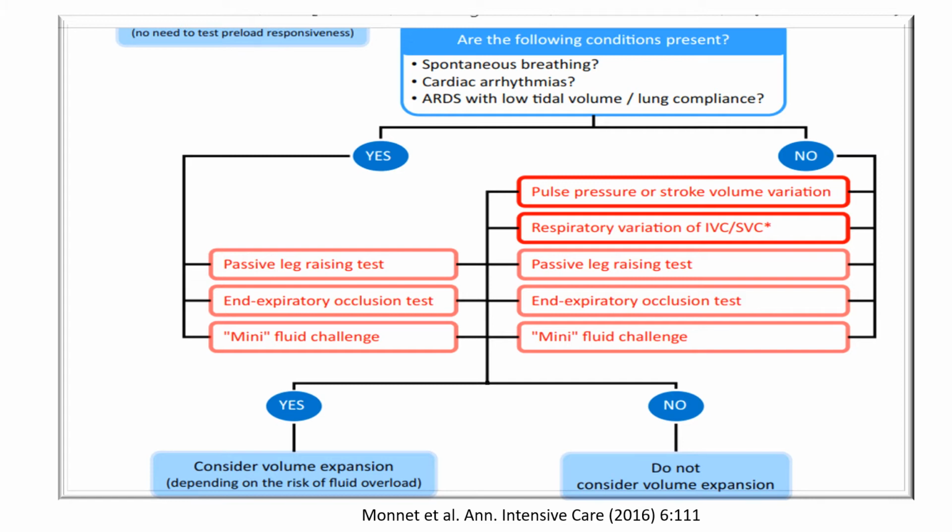Passive leg raising has only two real contraindications. One is raised ICT and the other is abdominal compartment syndrome. Abdominal compartment syndrome is not a contraindication as such, but you can get a false negative in abdominal compartment syndrome and it may be difficult to perform in these patients.